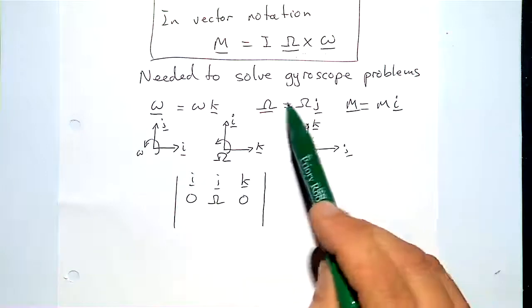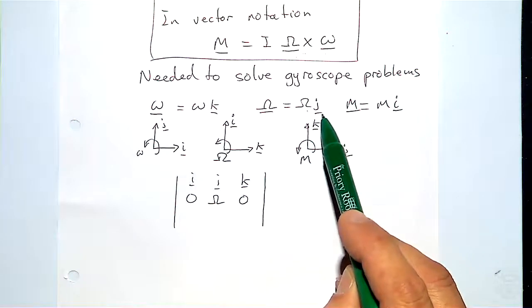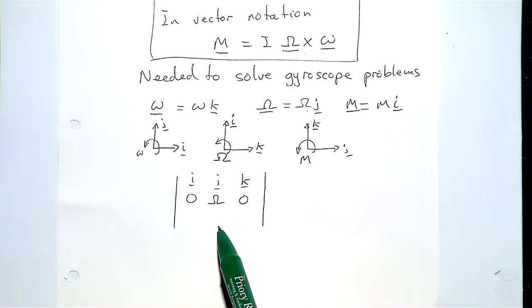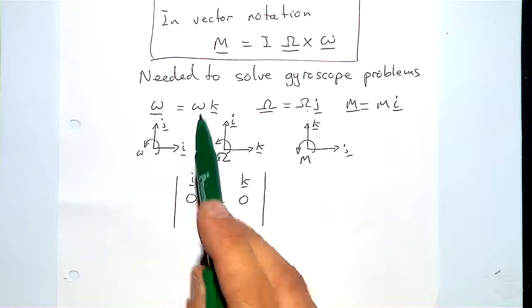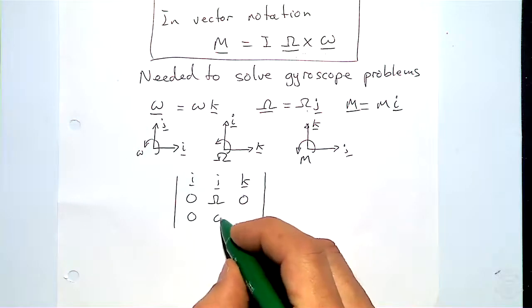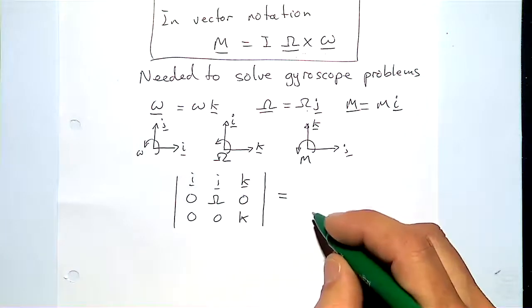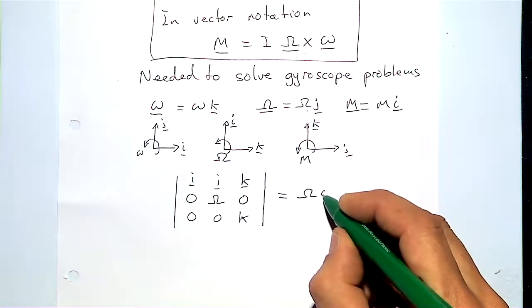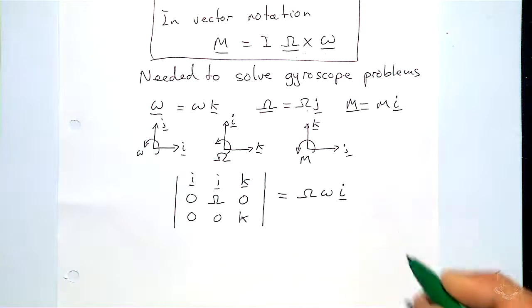Because this is a scalar value large omega times j, there's nothing on the i and k parts of this vector, so it's just got a j component. Similarly the small omega vector just has a k component, so there's 0, 0, k. So if we do the cross product of these two vectors, what we get is the scalar quantities, large omega, small omega, multiplied by i.